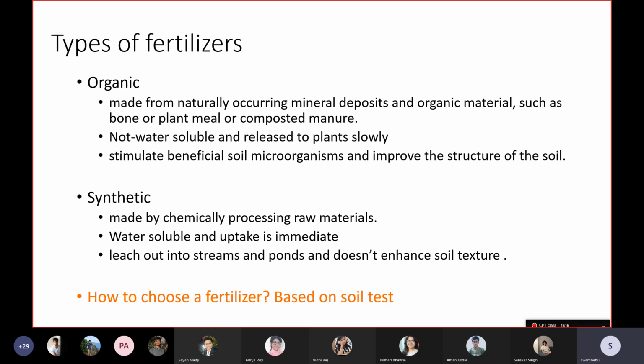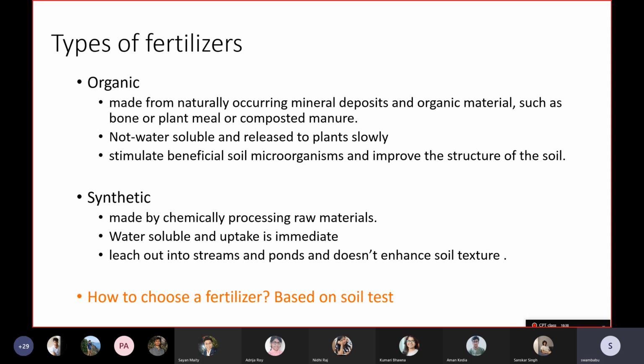So now, out of these three nutrients, NPK, as we discussed, what type of synthetic fertilizer is needed for a specific area, a specific field, depends upon the soil test.